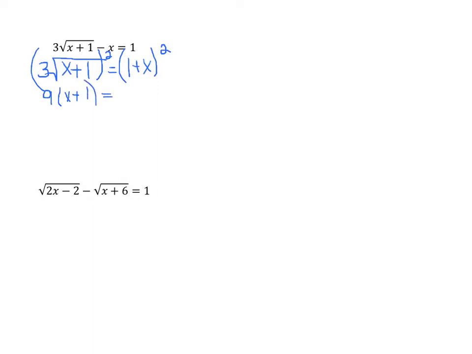On the right, I need to remember to FOIL this. And then I move everything over to one side so that I can have a quadratic that's set equal to 0.